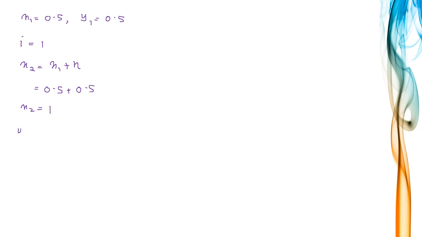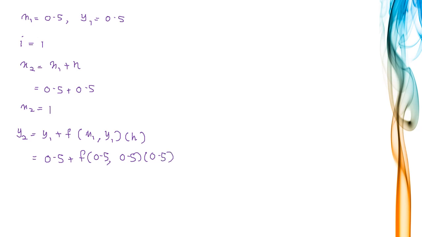So y2 is equal to y1 plus f(x1, y1) multiplied with h. y1 we already got previously as 0.5, plus f with x1 equal to 0.5, y1 equal to 0.5, and h equal to 0.5.